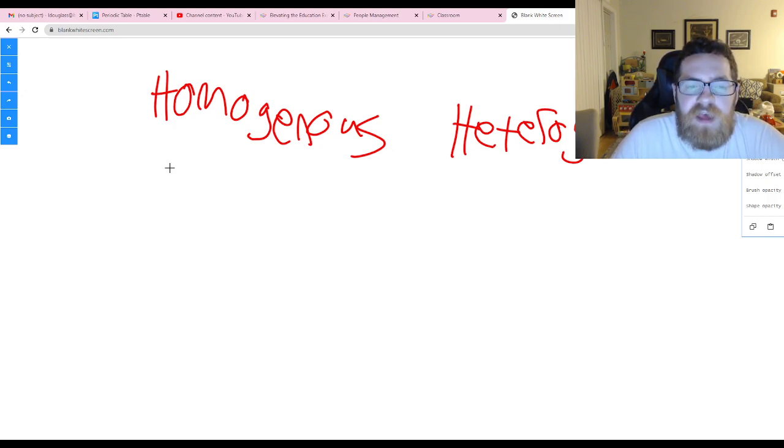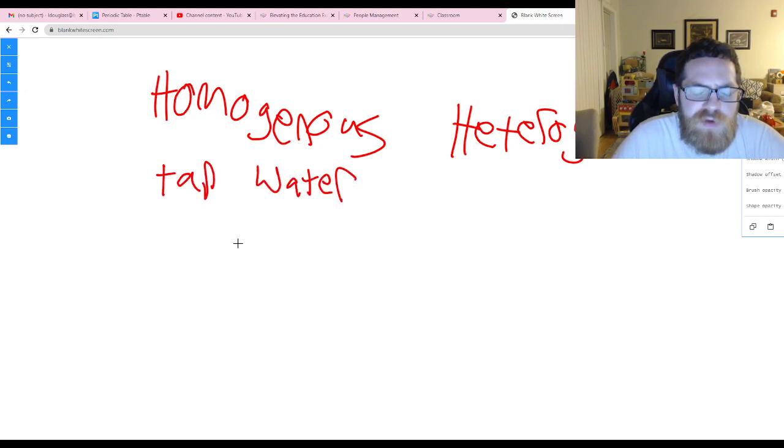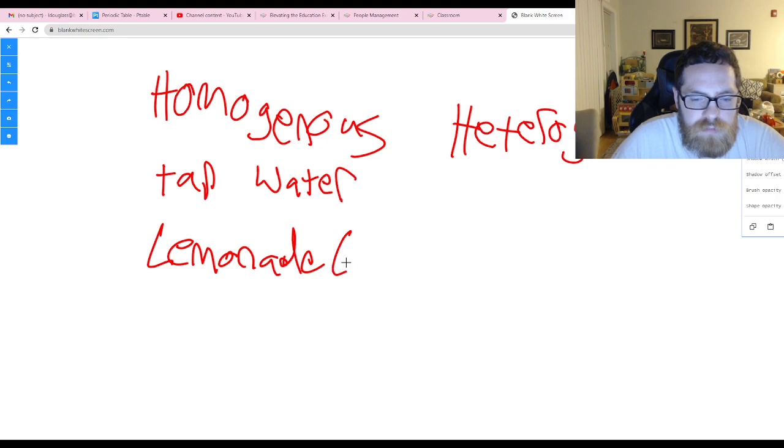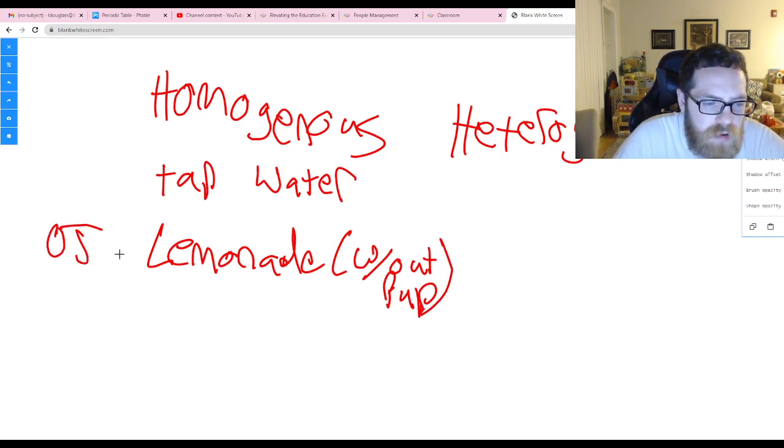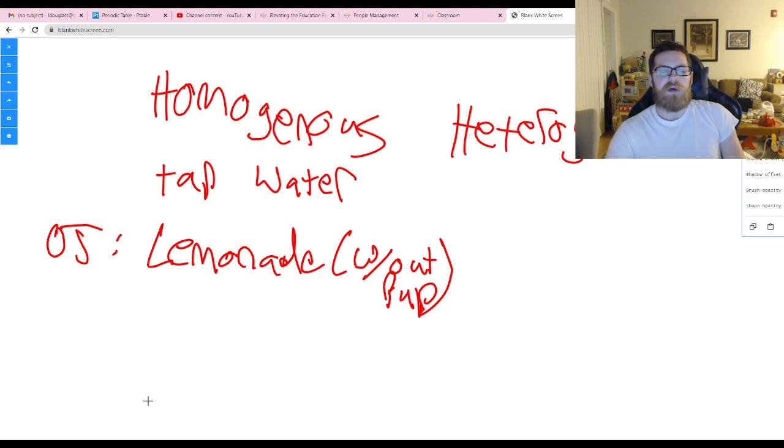You can physically tell if something is homogeneous. So for example, most of the time, tap water. Most of the time you can't look at tap water and tell the difference from one part of it to another part. Another example is lemonade without pulp. In that similar vein, OJ. We know that lemonade is a mixture of things: water, lemon juice, sugar.